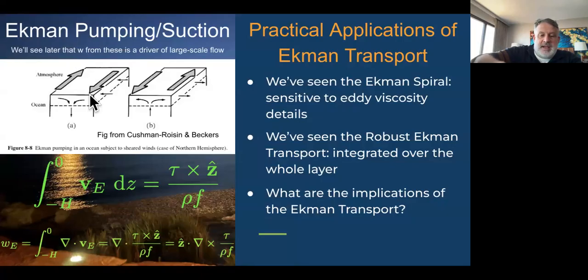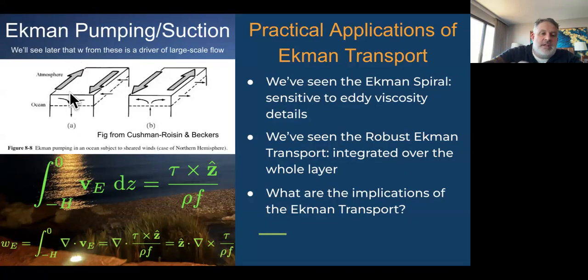Your thumb points down, and we showed last time that the curl of the wind stress, over the Coriolis parameter, gives you the Ekman pumping velocity, the vertical velocity at the base of the Ekman layer.